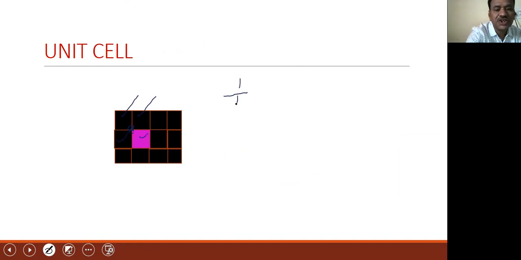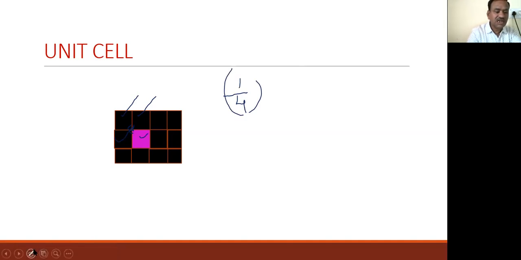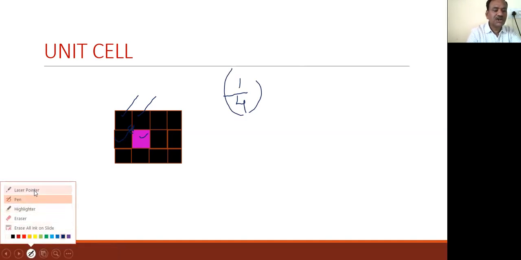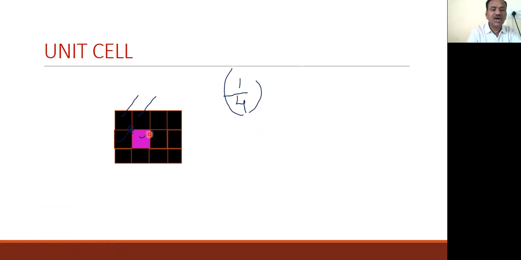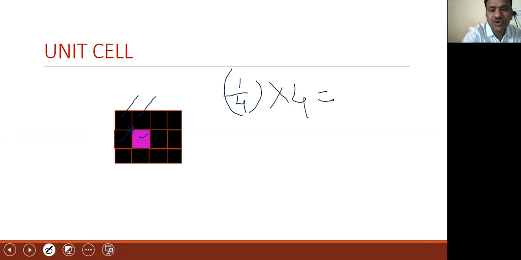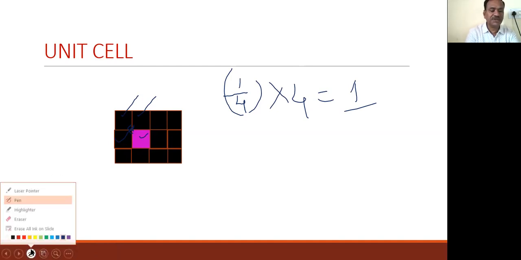So the contribution is only 1 by 4. Like that, in two dimensions, we have 4 corners, so it is multiplied by 4, equal to 1. Normally, it is very easy to understand a two-dimensional figure compared to a three-dimensional picture.